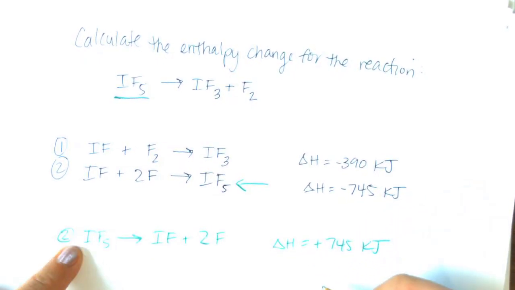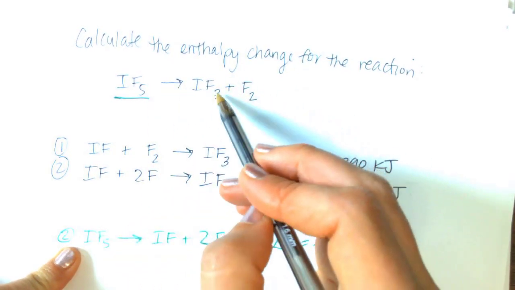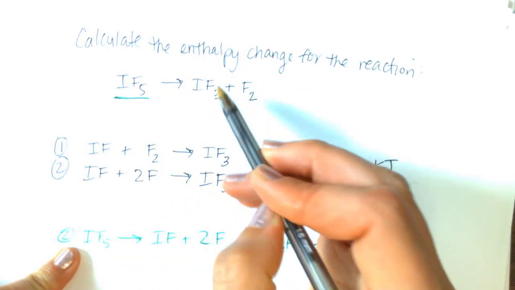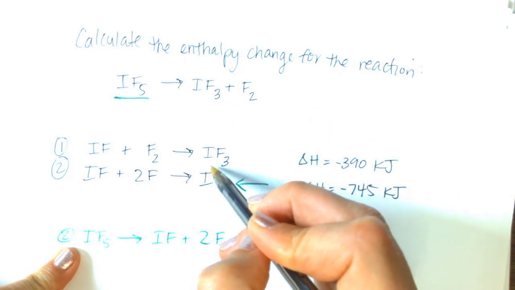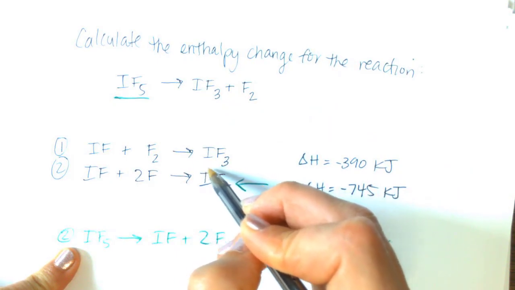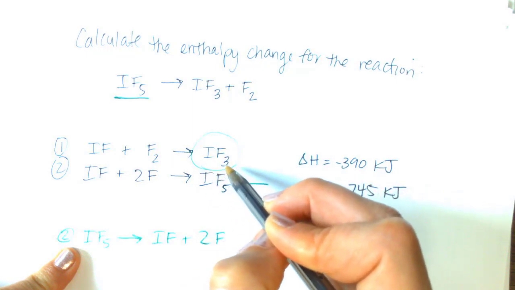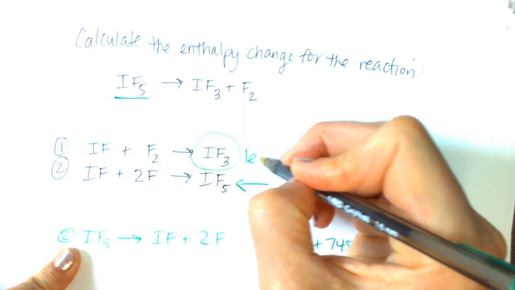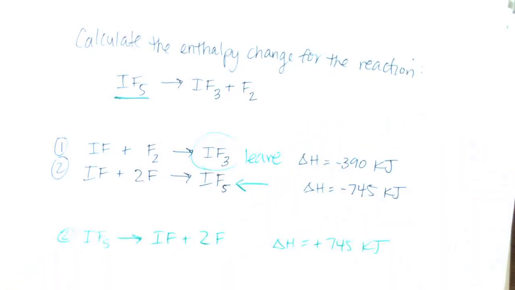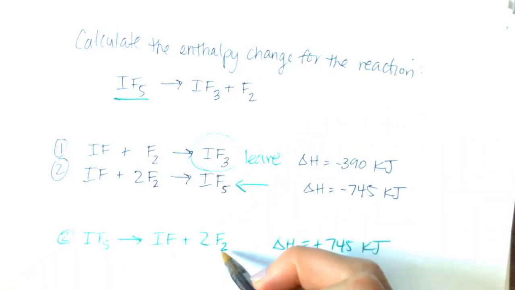Okay, that's great. Now we need IF3 on the right-hand side. And I have IF3 on the right. So let's try leaving this alone. Sorry, I forgot a 2 here and a 2 here.